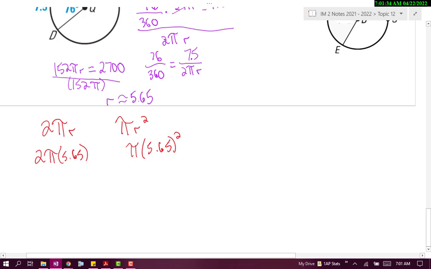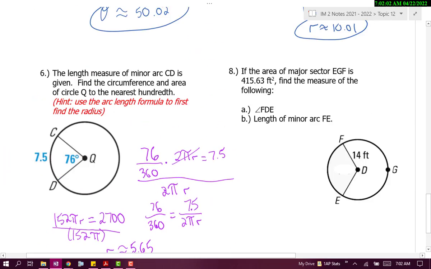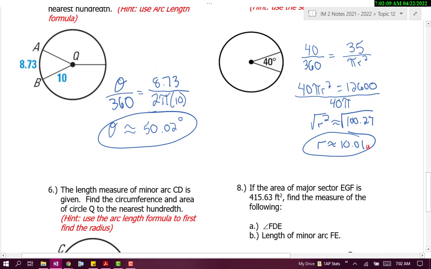And when we multiply it all out, our circumference is approximately 35.50, and our area is approximately 100.29 units squared. We also need units on the circumference. I think we forgot those. Well, we also forgot that on number 7 when we were finding the radius.